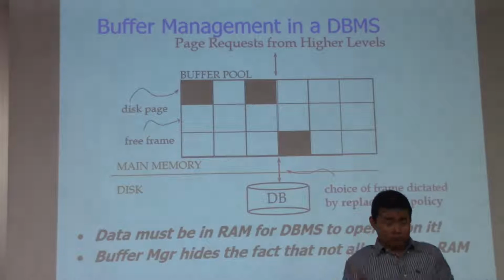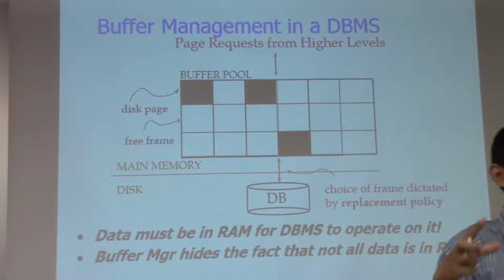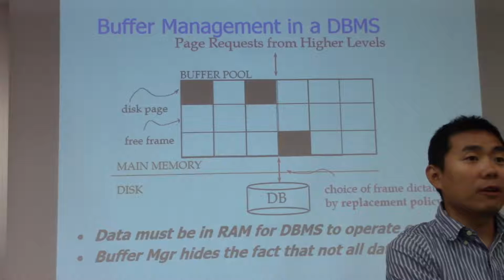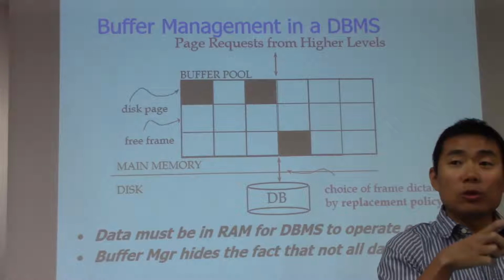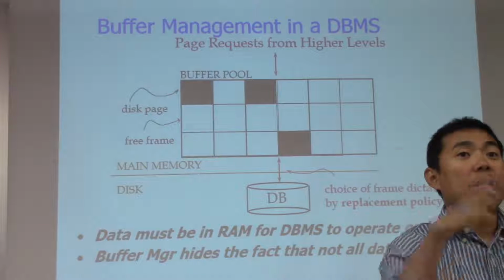A frame is the size of a page that is going to hold a page of data that you load from disk. Whenever you load the data from disk, it has to go somewhere in main memory. In a database management system, it goes to a frame in your buffer.